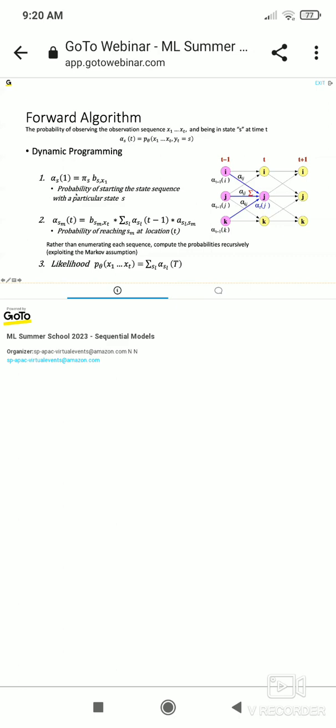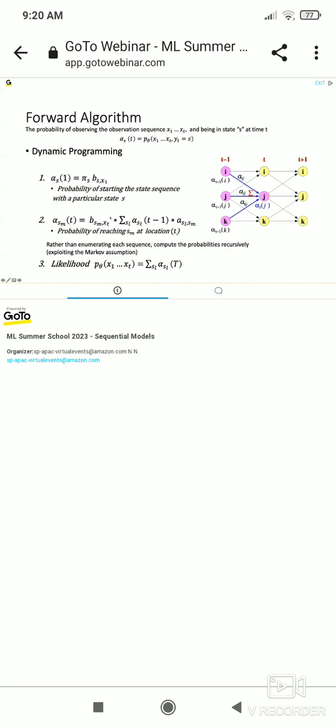Let's initialize the alphas in the first step: the probability of starting the state sequence with a particular state s is computed as the initial probability of being in that state s and emitting the symbol x1, that is, the probability of emitting x1 in the state s. This is similar to what we observed in computing the inference problem using deltas.